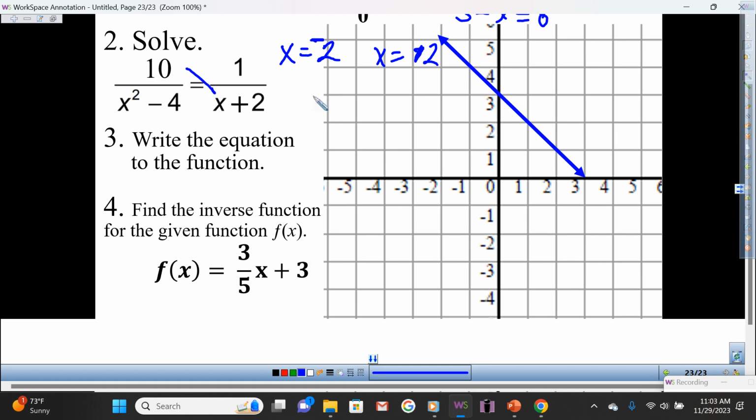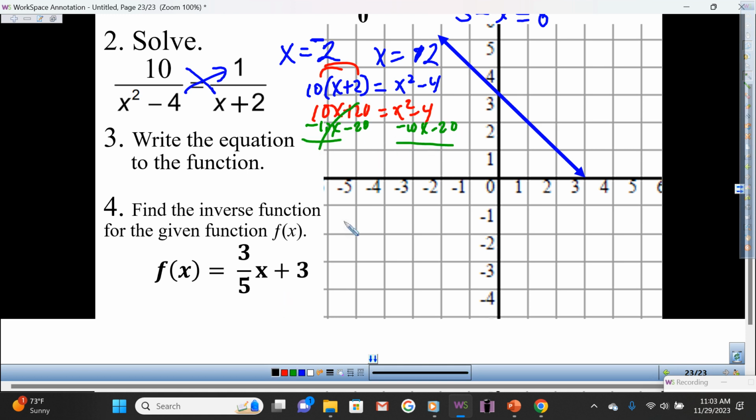Cross multiply: this is 10 times x plus 2. Cross multiply: this is x squared minus 4. Distribute: this is 10x plus 20 equals x squared minus 4. Get everything to one side, so I subtract 10x and subtract 20 from both sides.